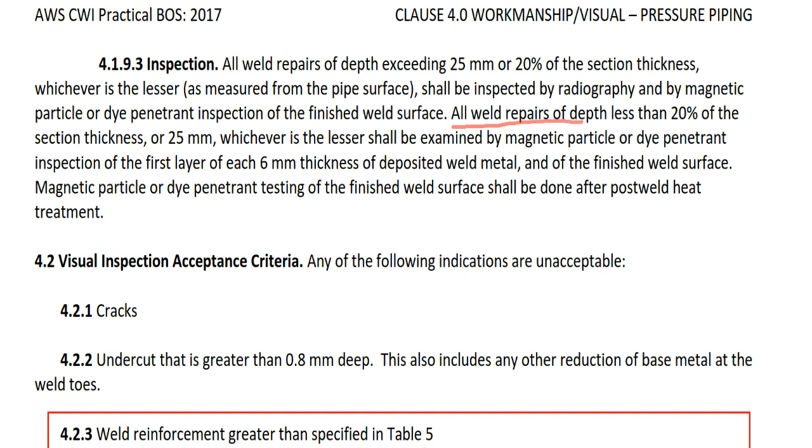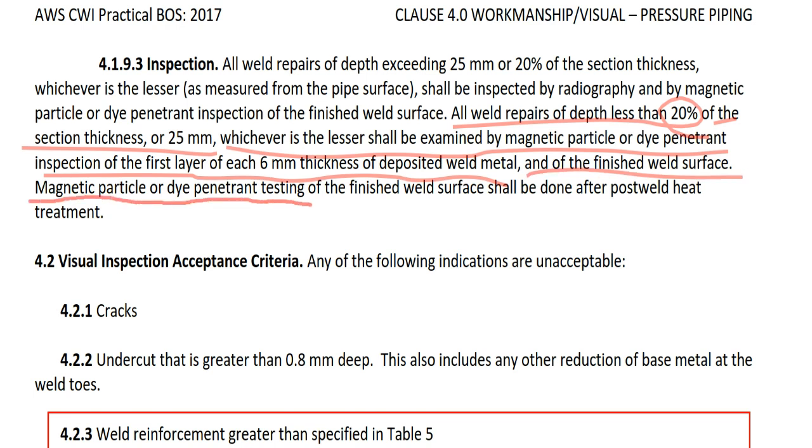Whereas repairs of depths less than 20% of the section thickness or 25 millimeters, whichever is lesser, should be examined by magnetic particle or dye penetrant inspection of the first layer of 6 millimeter thickness of deposited weld metal and of the finished weld surface. Magnetic particle or dye penetrant testing of the finished weld surface should be done after post-weld heat treatment.